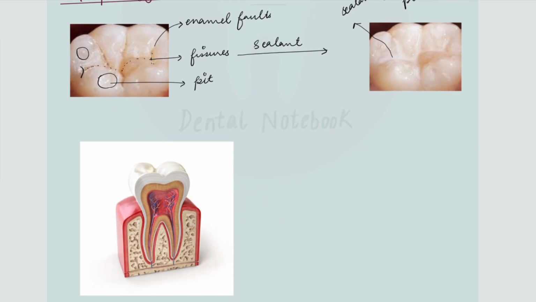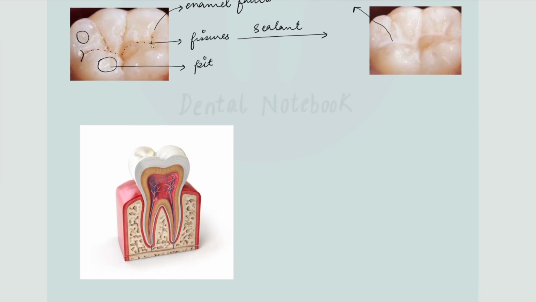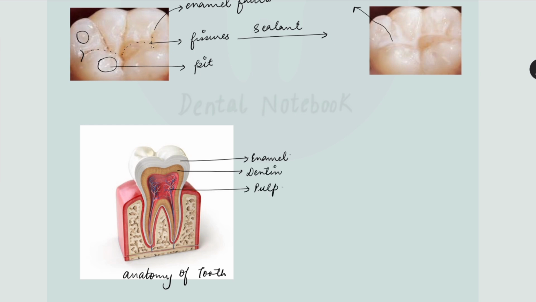Here is the morphology of a tooth structure, the anatomy of the tooth. This is your enamel segment, this is your dentine segment, and this is your pulp. See, this is a groove-like structure.